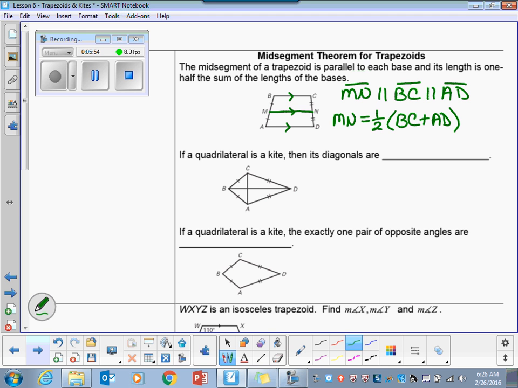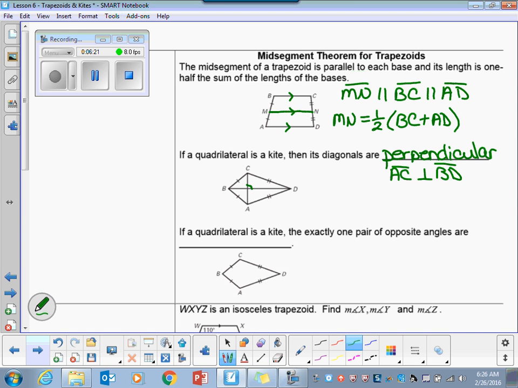If a quadrilateral is a kite, then diagonals are perpendicular. Which in this diagram means that AC is perpendicular to BD. Now I want to pause for a second and talk about what that means in terms of our kite.